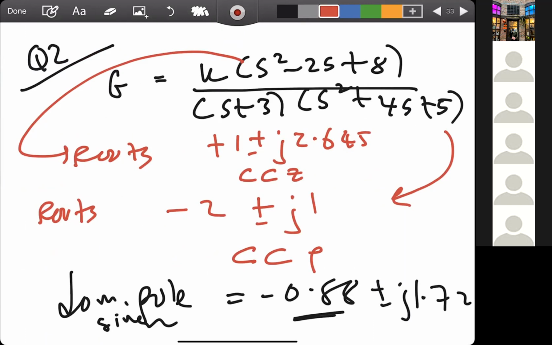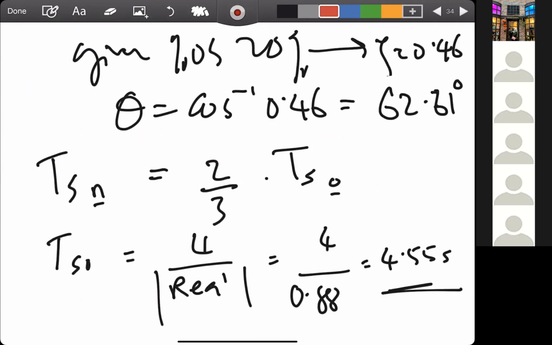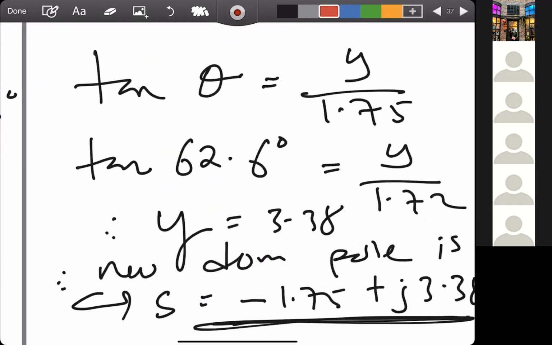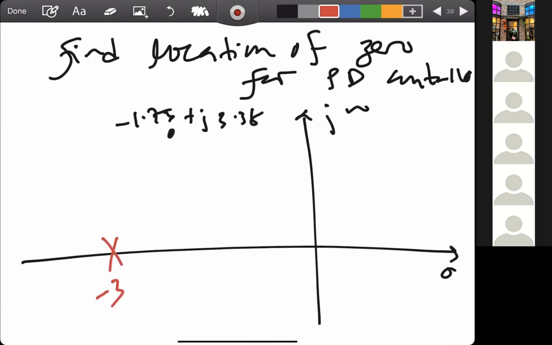Correct. -3. So it is here. And J 2.645 minus J 2.645. Okay.